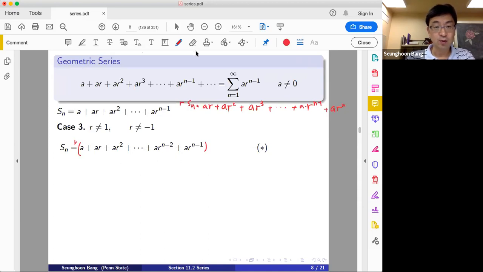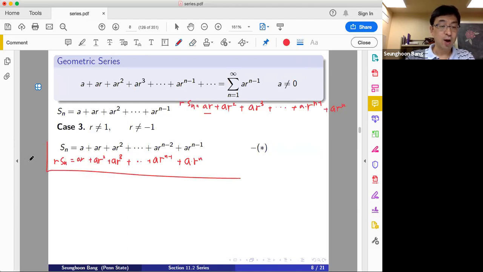So r times Sn is ar plus ar squared plus ar cubed plus keep going, a times r to the n minus 1, plus a times r to the n.